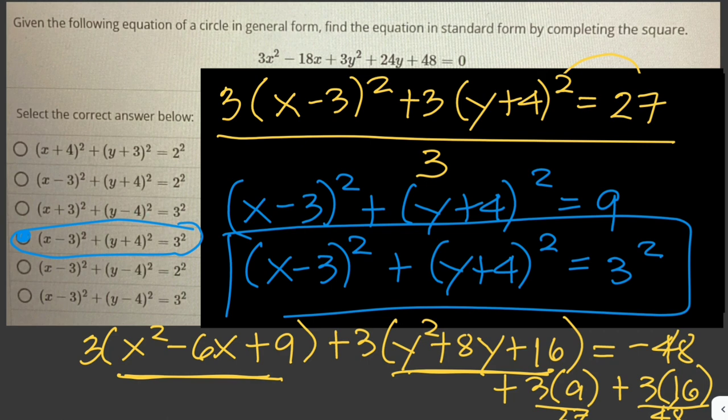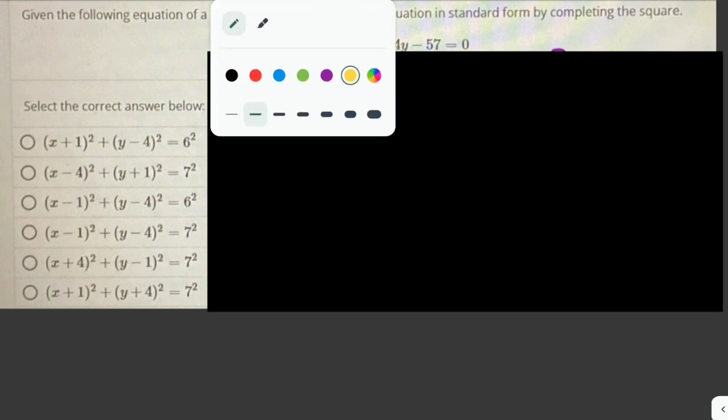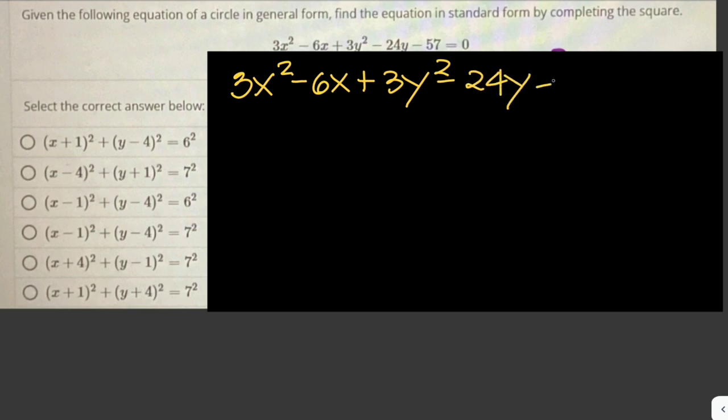Right. Let's solve another one. Okay, the same. We write this in its standard form by completing the square. So we have 3x squared minus 6x plus 3y squared minus 24y minus 57 equals 0.